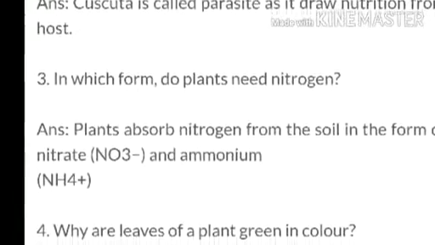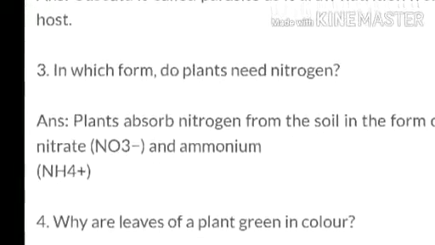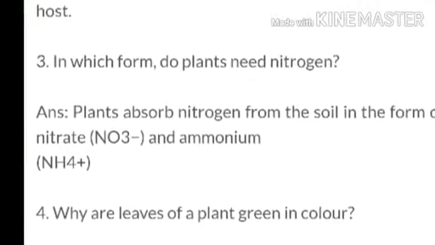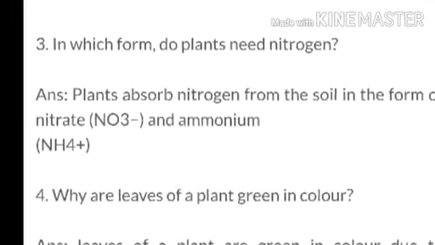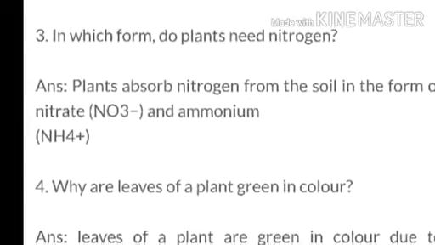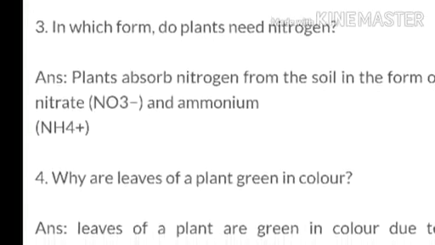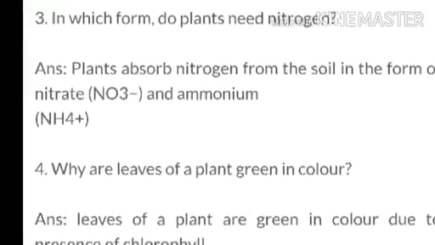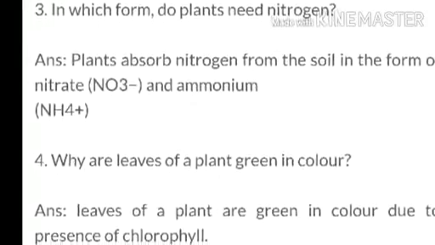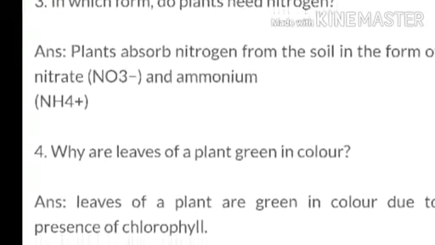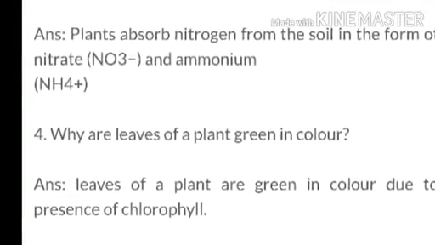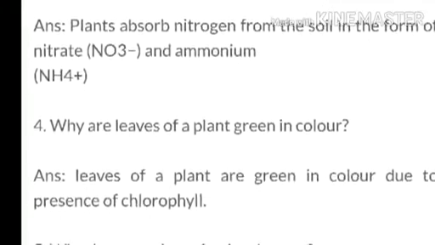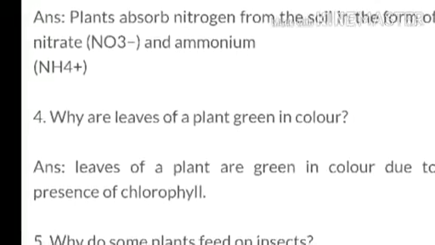Now, fourth question, why are leaves of a plant green in color? We have discussed that leaves of a plant are green in color due to the presence of chlorophyll, and we know chlorophyll is a green pigment, hence plants are green in color. Now fifth question, why do some plants feed on insects?